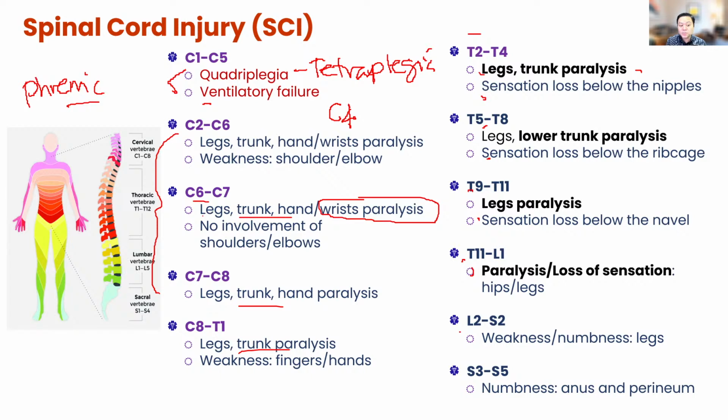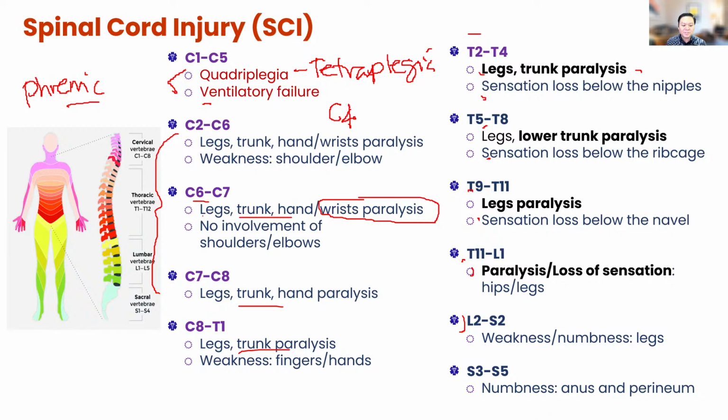And then we have the lumbar up until sacral 2. This is going to cause weakness and numbness in the legs. And we have the S3 to S5 levels. Basically, our patient will have varying degrees of sensation, especially with the sacral levels.